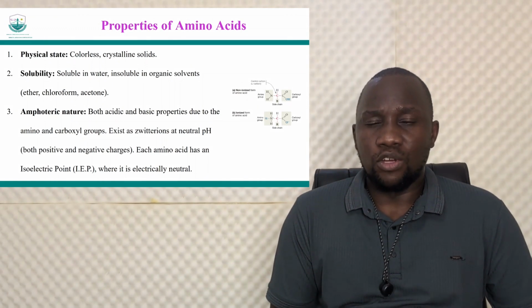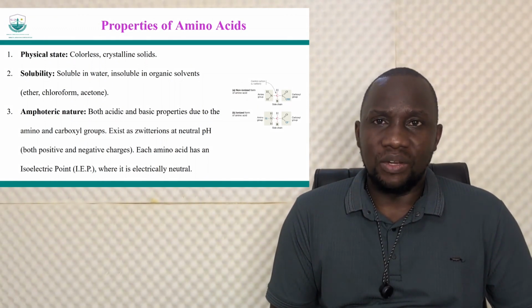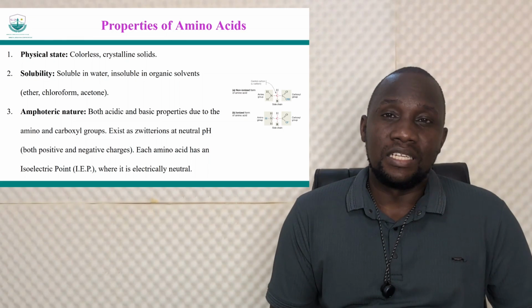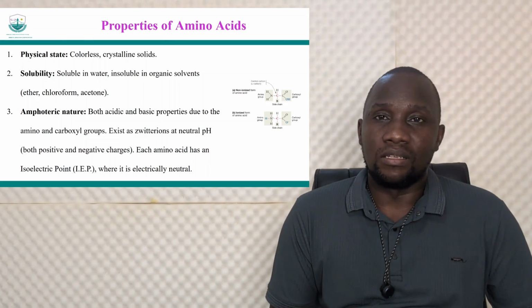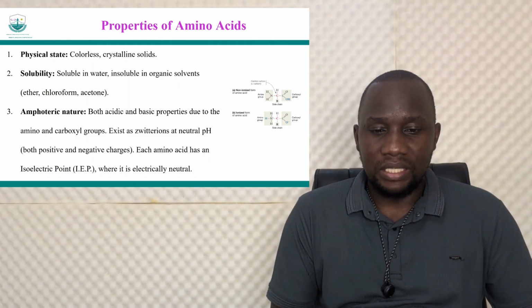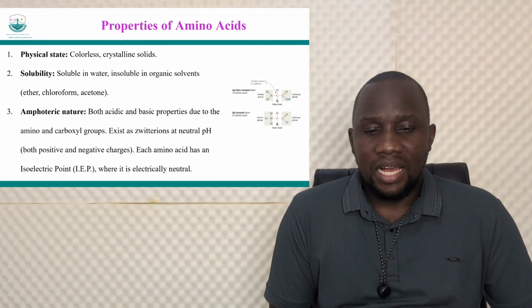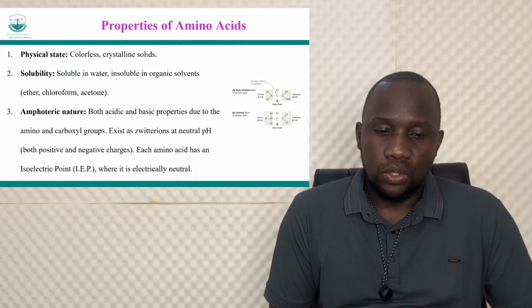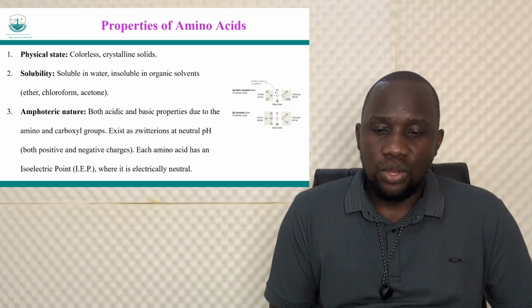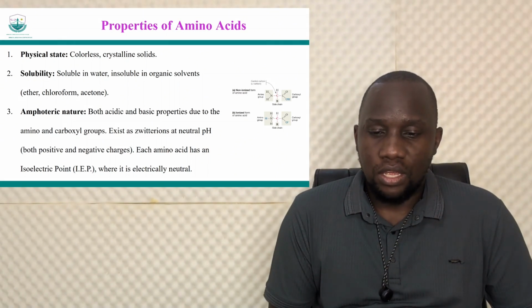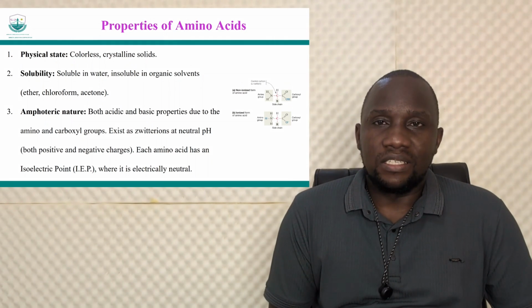But for you to know the properties of these amino acids, you still need to relate these to the structure of the amino acids. Proteins are colorless, crystalline solids. They are soluble in water and insoluble in organic solvents.